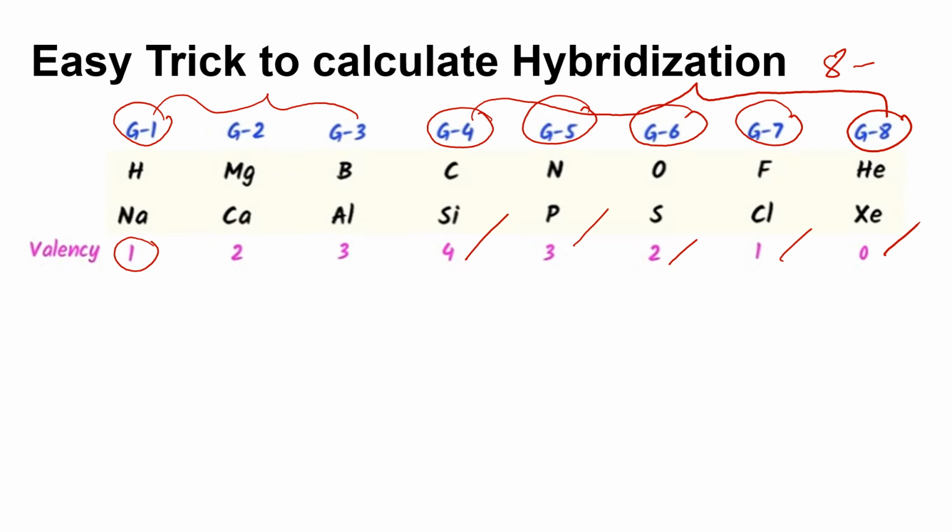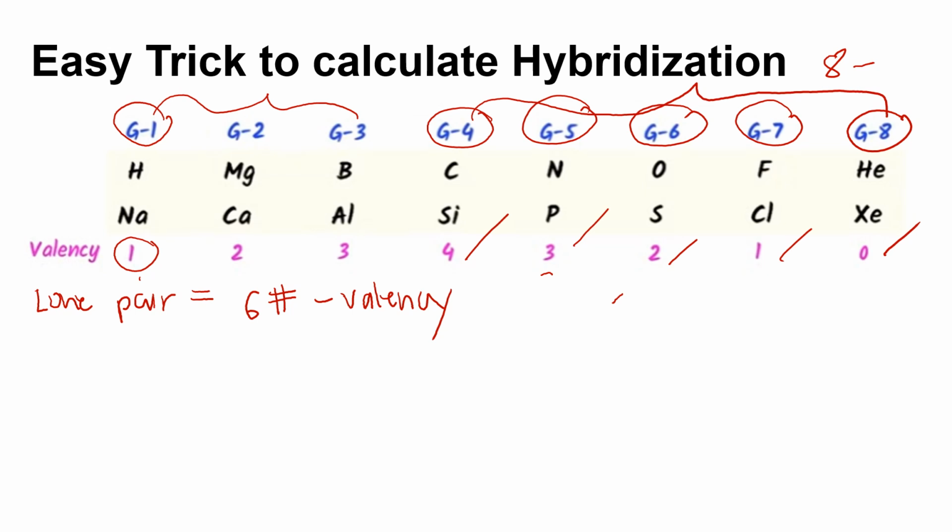And to get the lone pairs of the central atom, we use this formula: the group number of the central atom minus the valency of the other atoms.